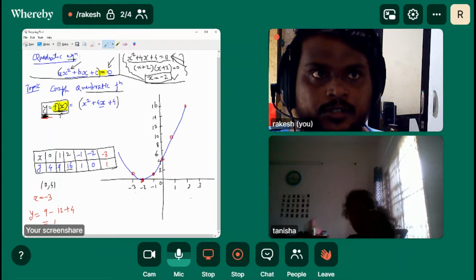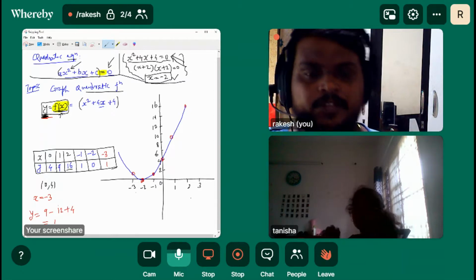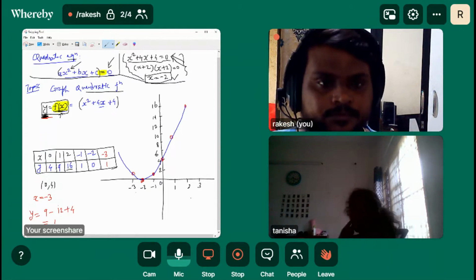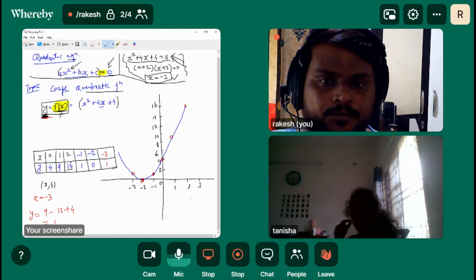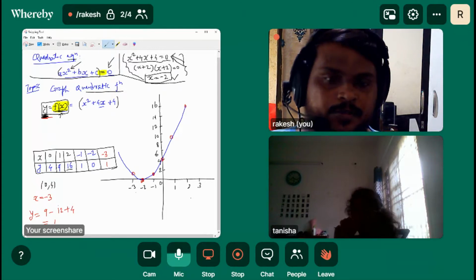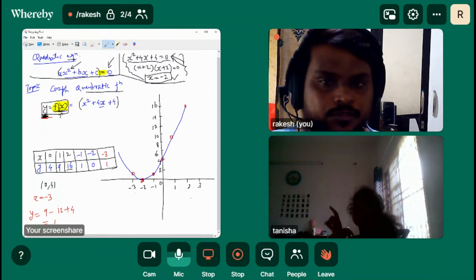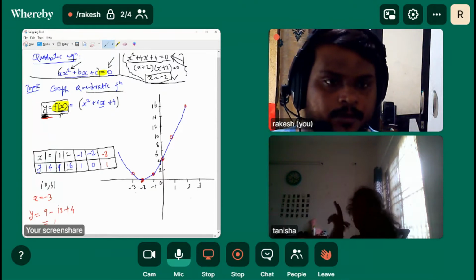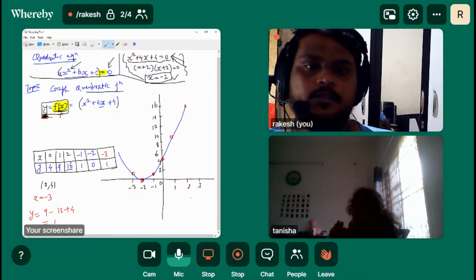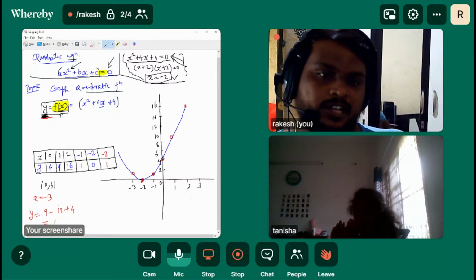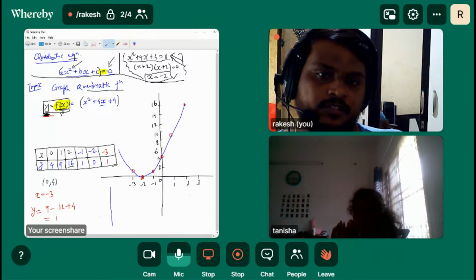We can find different points on the curve, maybe the y-intercept and x-intercept, by putting x equal to 0 or y equal to 0. There are only two x-intercepts. Yeah, I got that, but that is not enough to draw the graph. That's how we learned it, and that's how it is in my textbook too.